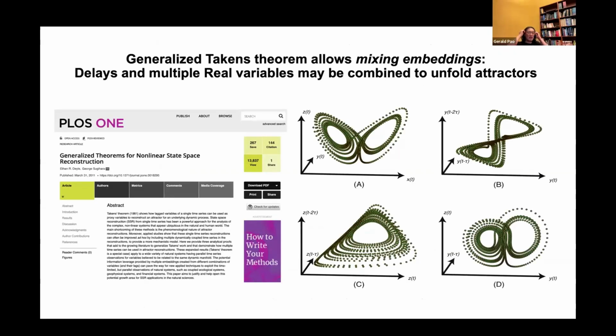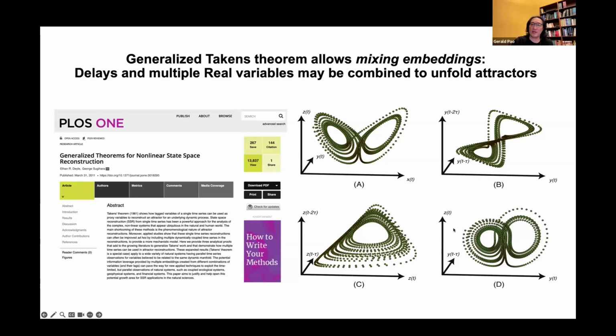Anyway, the original proof of Takens' theorem was done in 1981. In 2011, there was an extension of Takens' theorem, and this extension tells you that you can mix delays with real variables indistinctly.